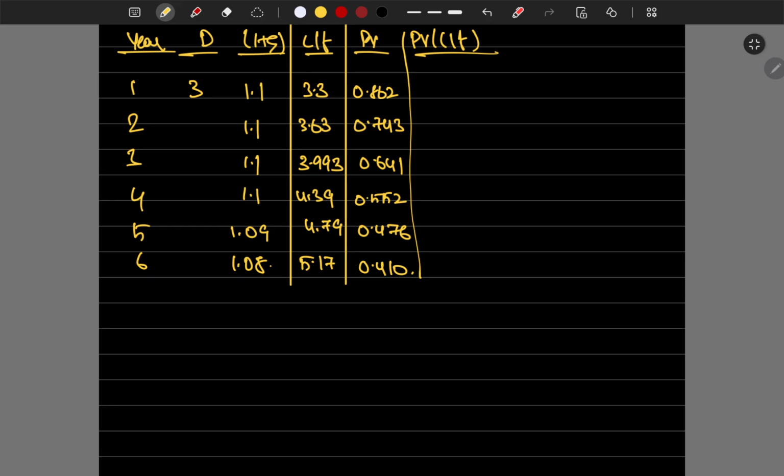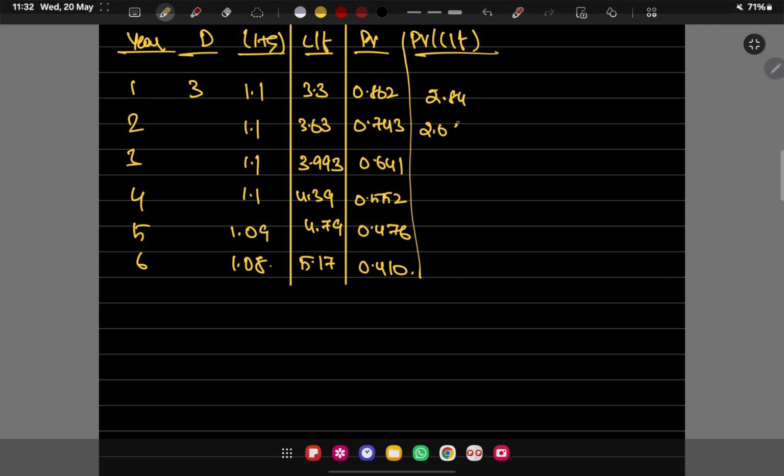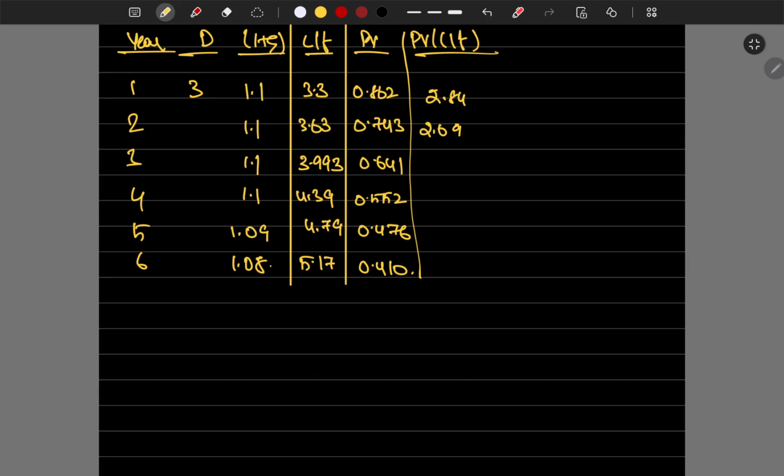If we multiply this now, we'll get the present value of dividends. 3.3 into 0.862 is 2.84. 3.63 into 0.743 is 2.69. 3.993 into 0.641 is 2.56. 4.39 into 0.552 is 2.42. 4.79 into 0.476 is 2.28. 5.17 into 0.410 is 2.12.